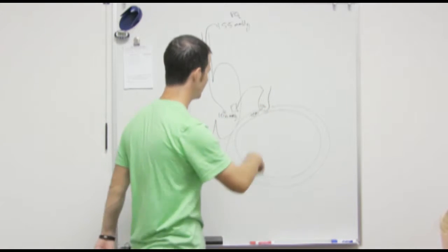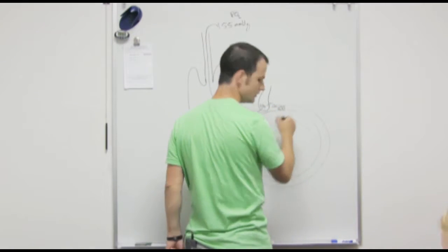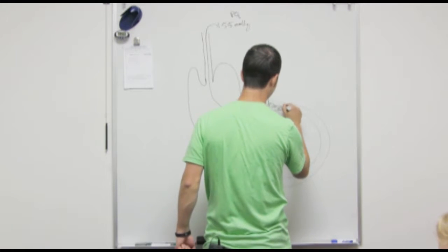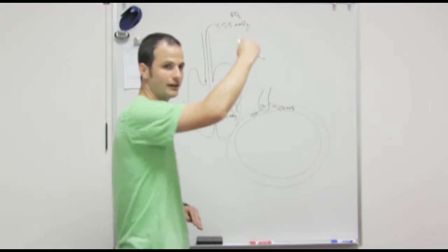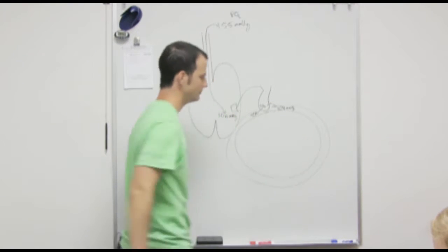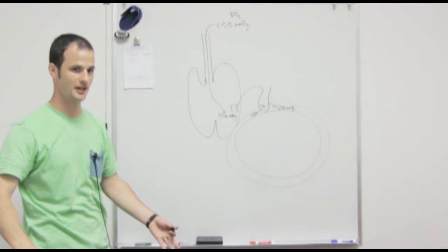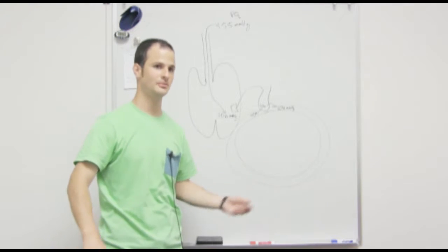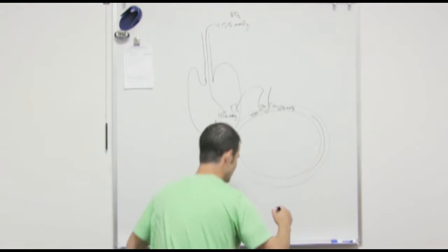After the gas exchange occurs, we get about 104, so it equilibrates a little bit and finds a middle area. This is the pressure of oxygen in the oxygenated capillary, which goes back to the left atrium, left ventricle, out to the rest of the body, right? Then it circulates to the tissues.